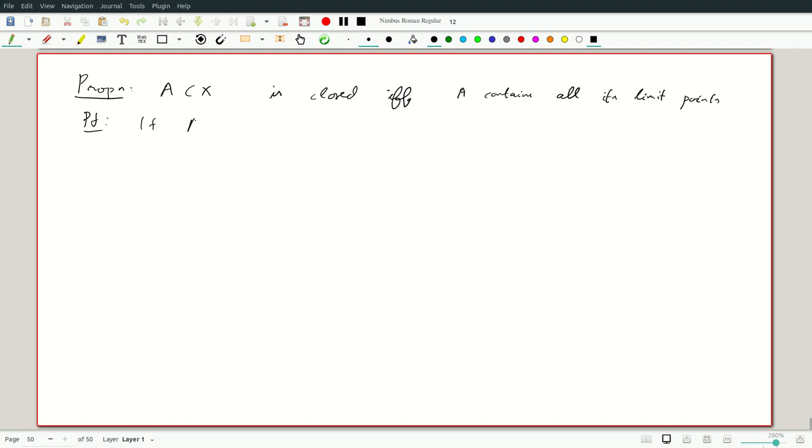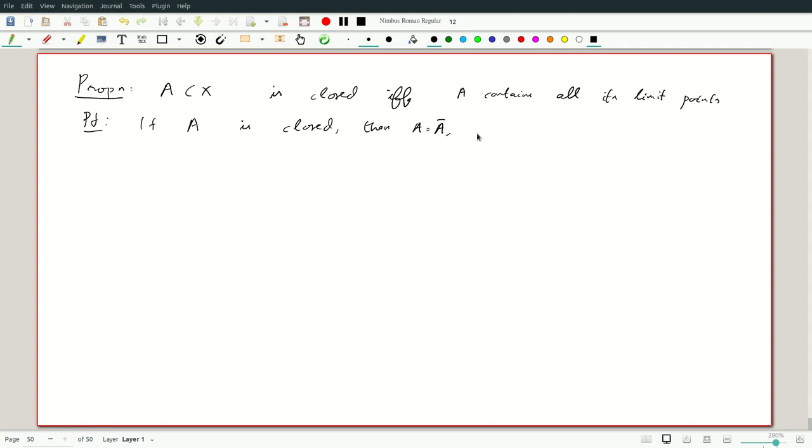If A is closed, then A is A bar. In fact, this is a characterization of being closed, because A bar is the smallest closed set containing A, and if A itself is closed, then A bar has to be A itself. And conversely, if A bar is A, we know A bar is closed. The closure is the intersection of closed sets, so it's closed, and so A equals A bar.